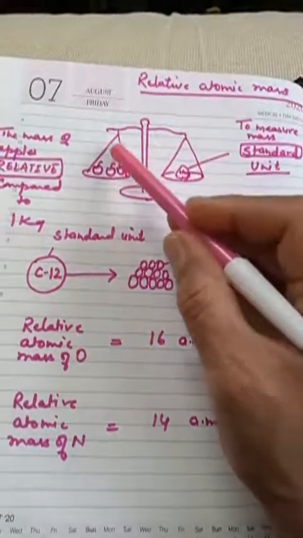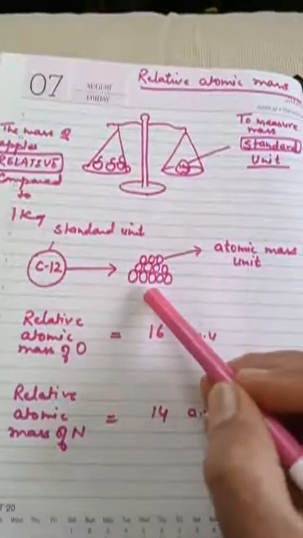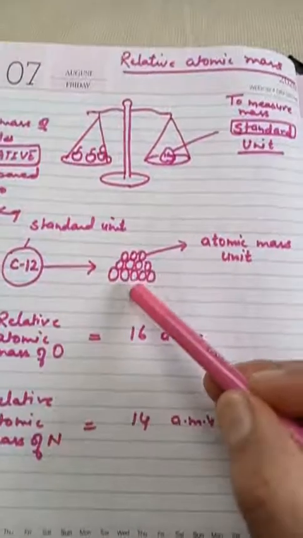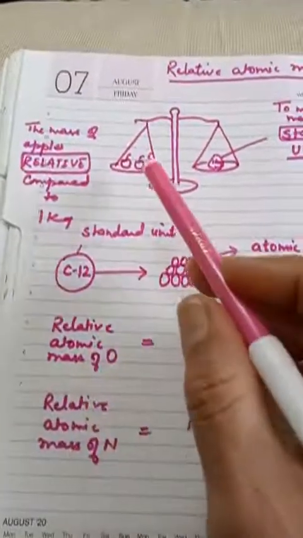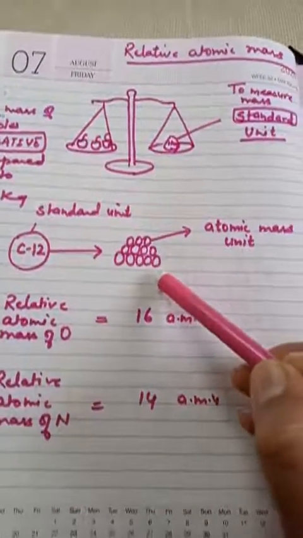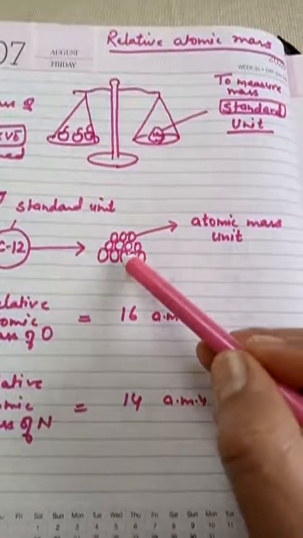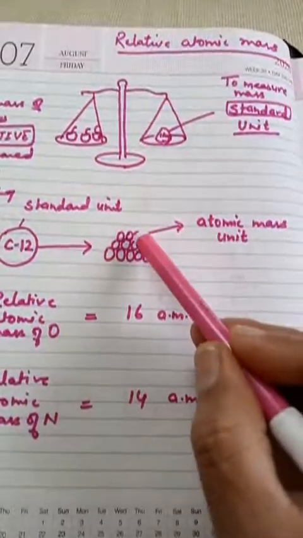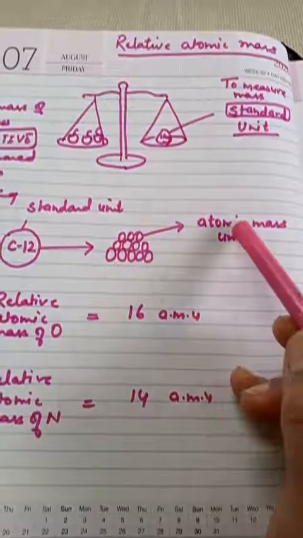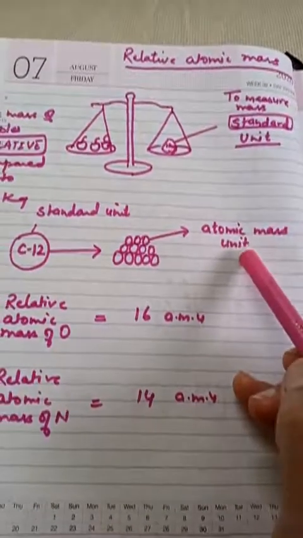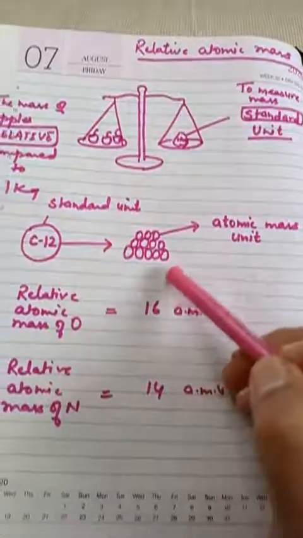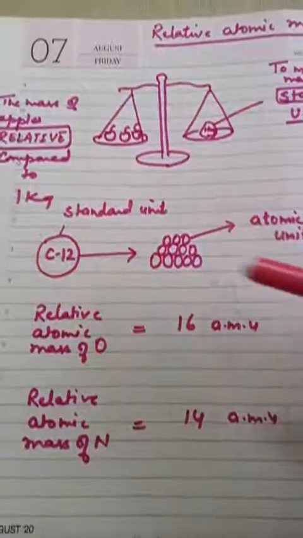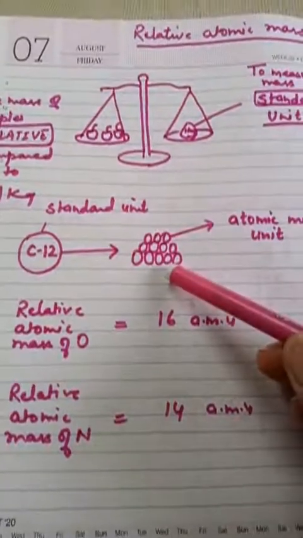Yes, we will get equilibrium. It means both of these will be equal. So for measuring relative atomic mass, we use these units as the standard. If we take one of these, it is called an atomic mass unit. So we use these units to measure the relative atomic mass. Now let's see how we use these units.